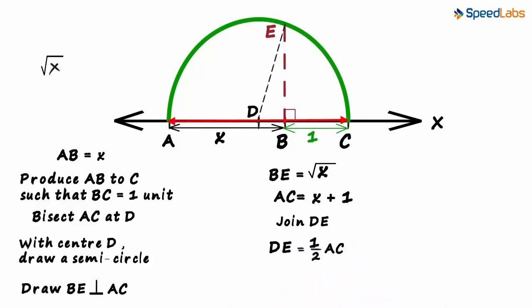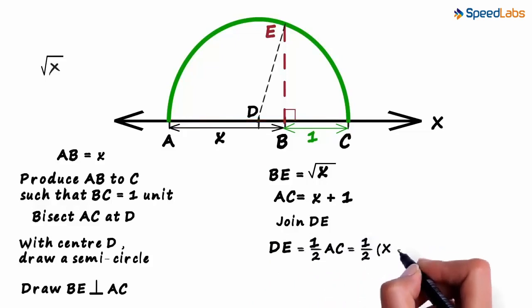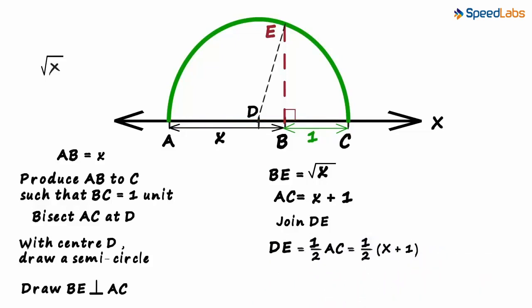Since AC is x plus 1, DE will equal half multiplied by x plus 1. Now observe this triangle, triangle DEB. We know the length of the hypotenuse. If we find the length of DB in terms of x, then by using Pythagoras theorem, we can find the length of BE in terms of x.